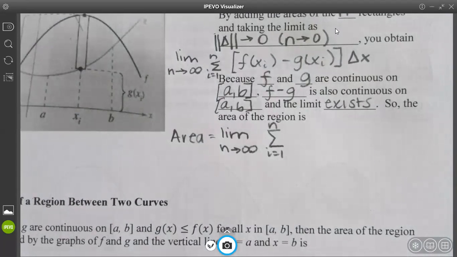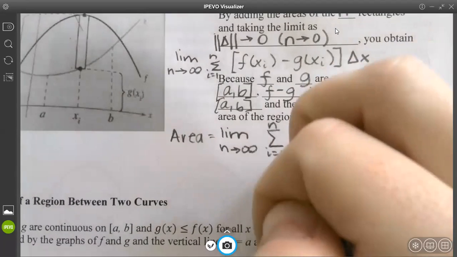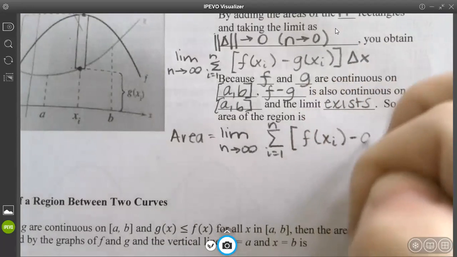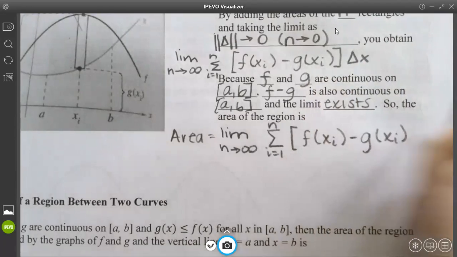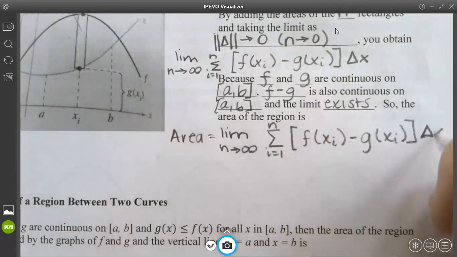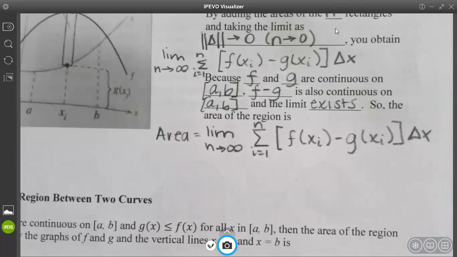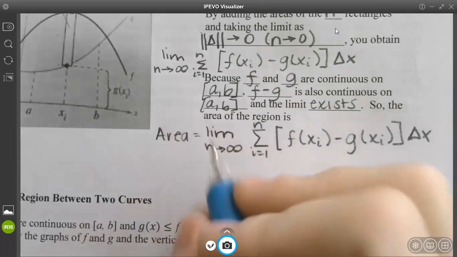The summation from 1 to n, same thing that we just wrote a second ago, f of x sub i minus g of x sub i, delta x. So remember a while back, we did limits. This was really hard, finding the area by the limit. And then we learned integration, so we used integration after that.